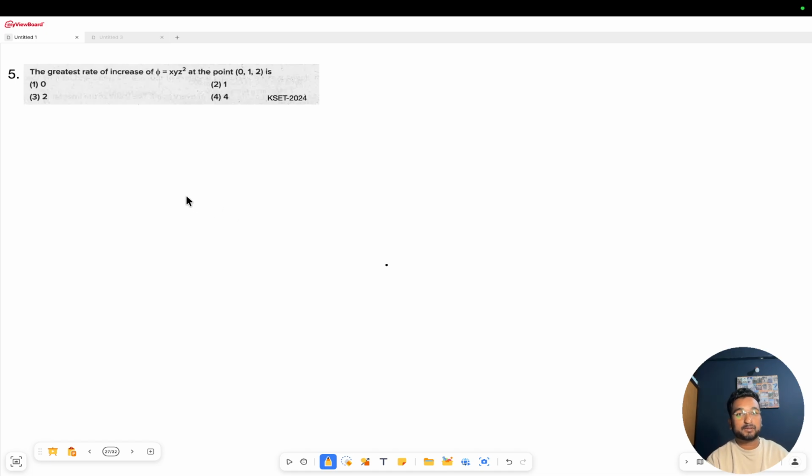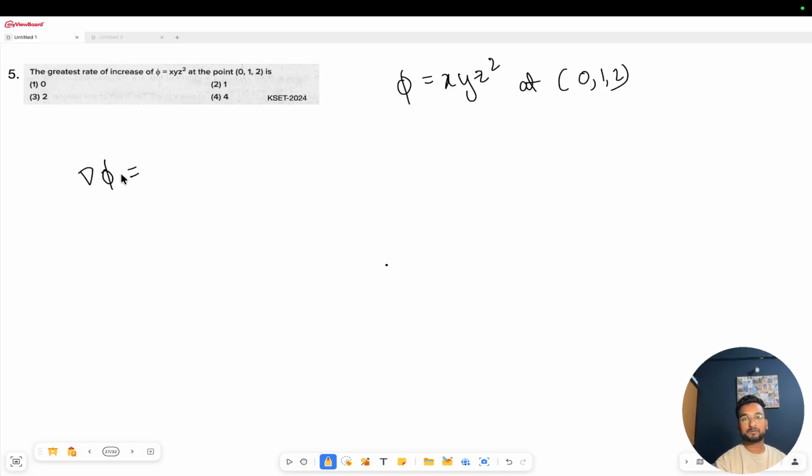Now see. They have asked the greatest rate of increase of this function phi equals x y z square at point 0 comma 1 comma 2. So you have to take the gradient, the maximum rate of change in a particular direction. So grad phi, what you will get?